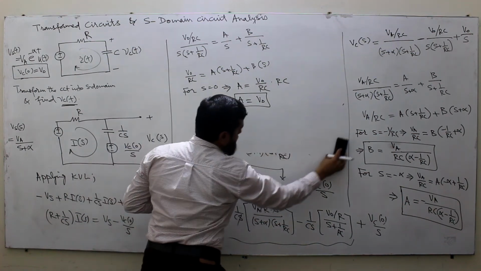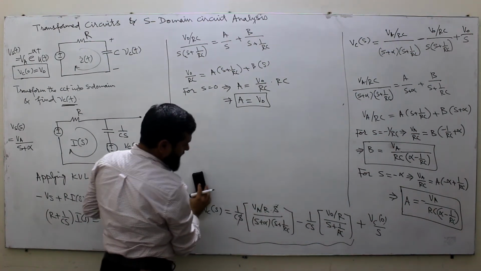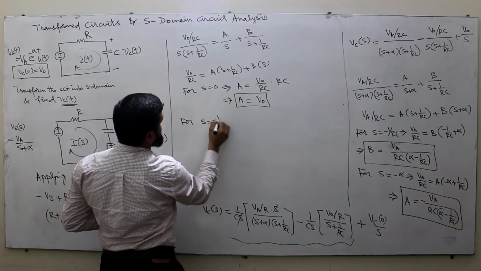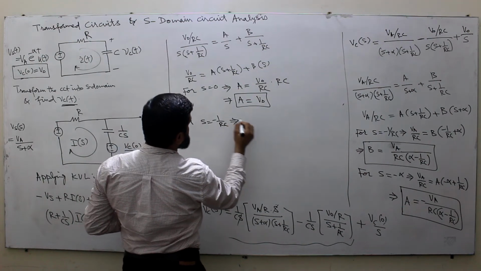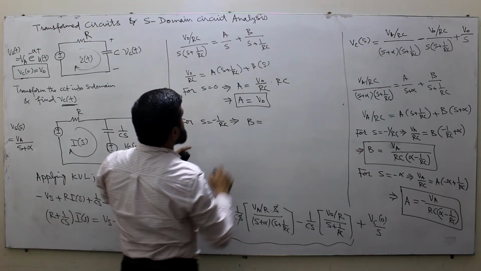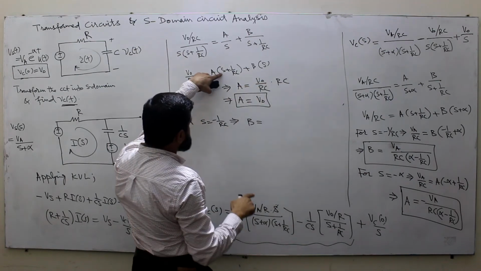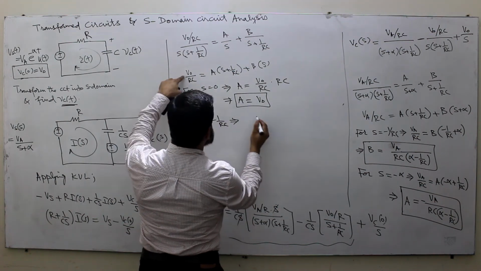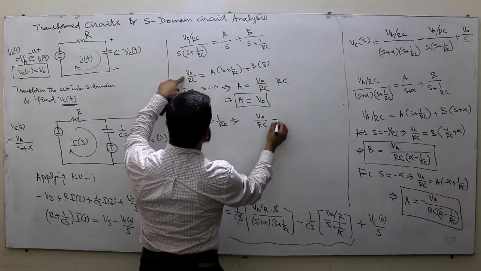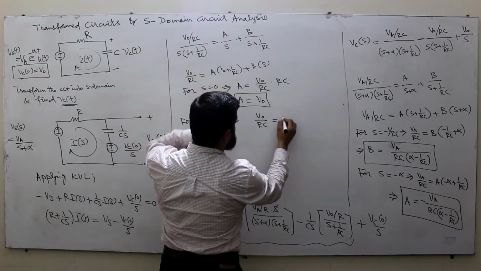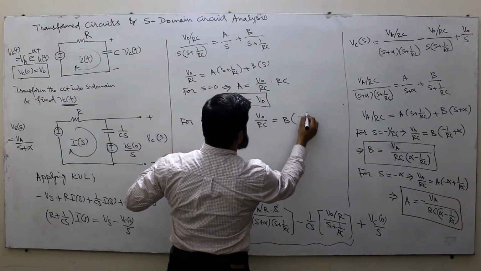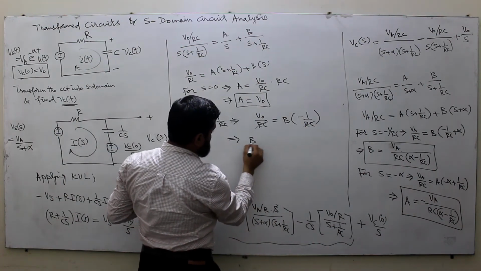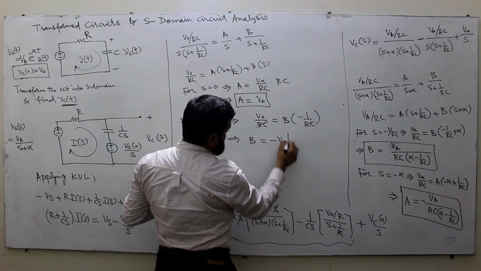We can also remove this one since we don't need it. For S is equal to minus 1 over RC, this will become 0, so V naught over RC is equal to, this is going to become zero, and B into S is minus 1 over RC, so this RC is cancelled out, so we got B is equal to minus V naught.